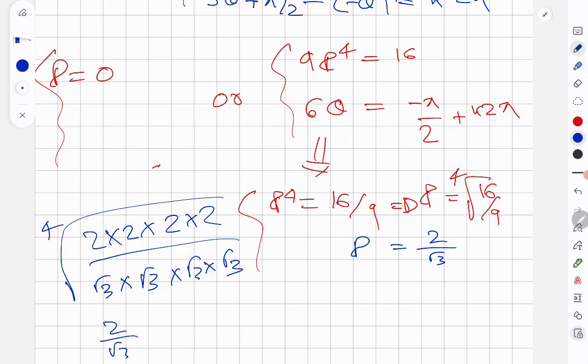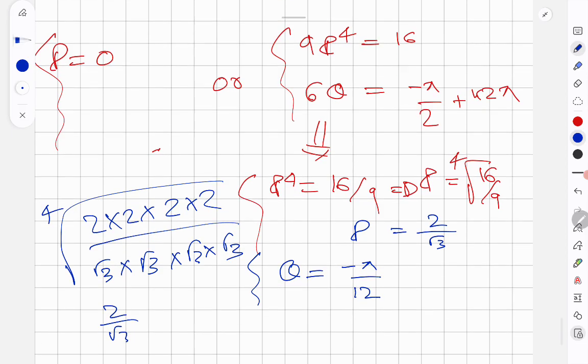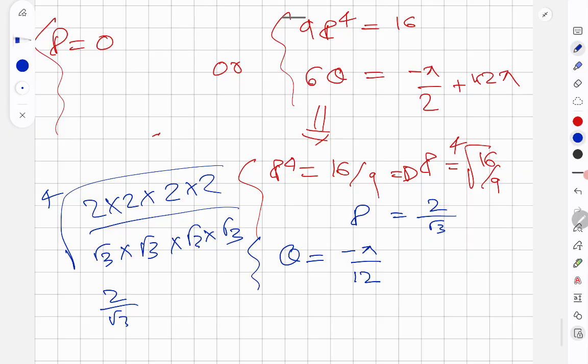And here you can write theta. 9 can be written as root 3 four times, 16 can be written as 2 four times.